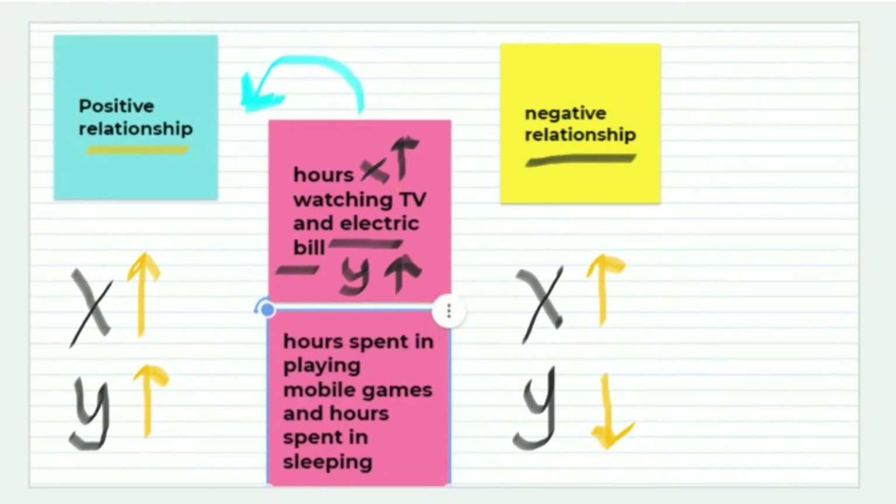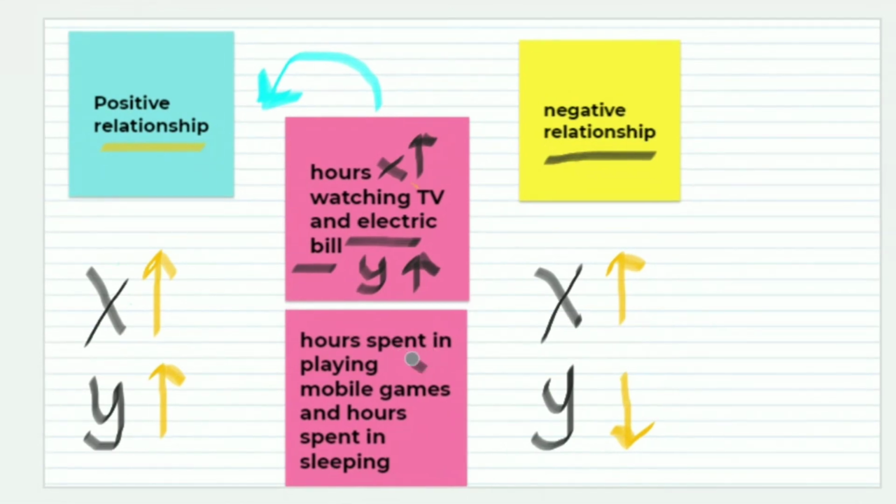Okay, very good. Next, how about hours spent playing mobile games and hours spent sleeping? Your first variable is hours spent playing, and the second variable is hours spent sleeping. When you keep on playing mobile games, what happens to your sleep?